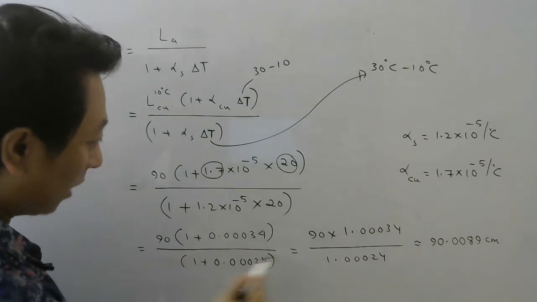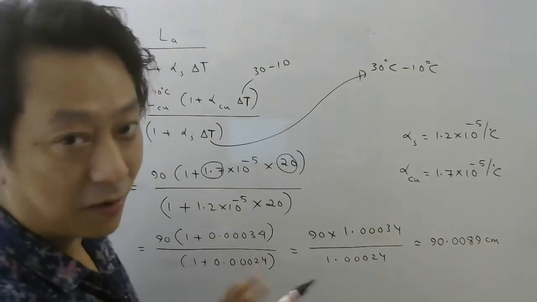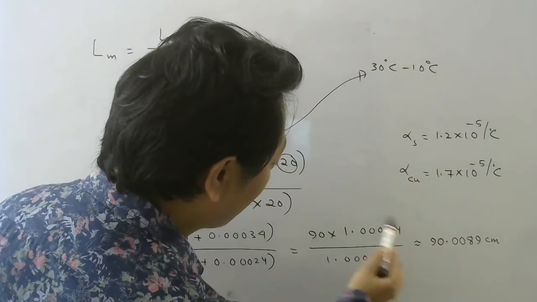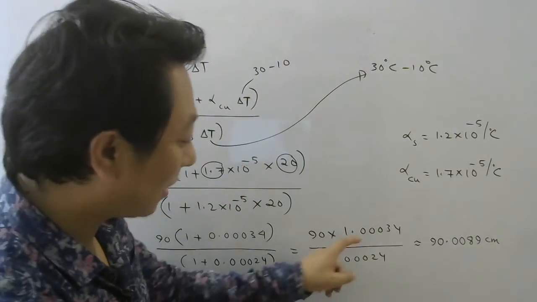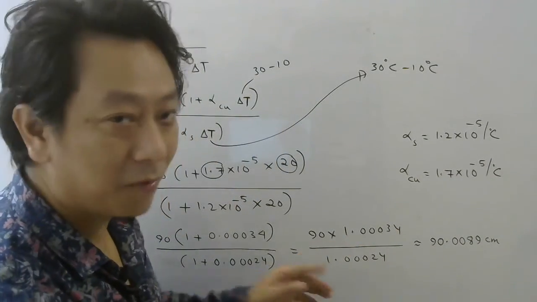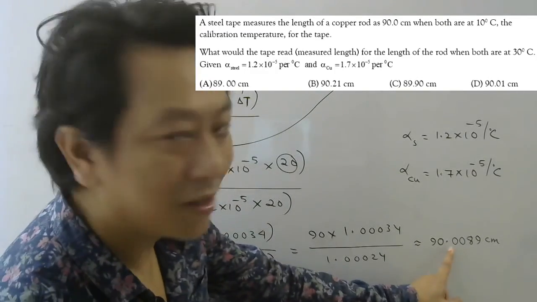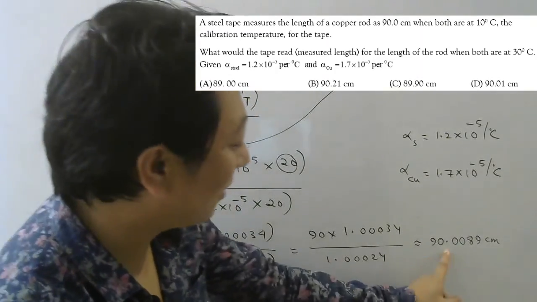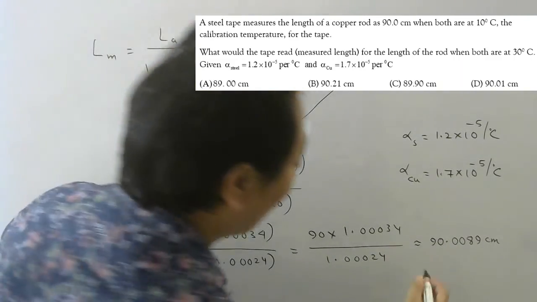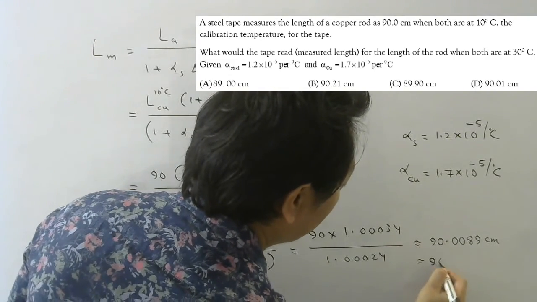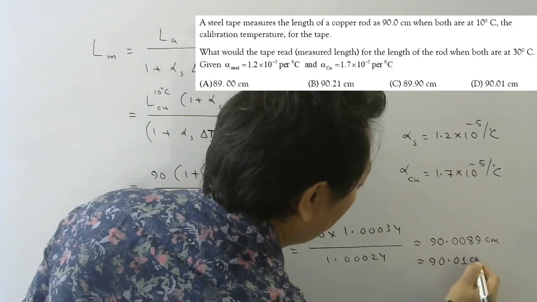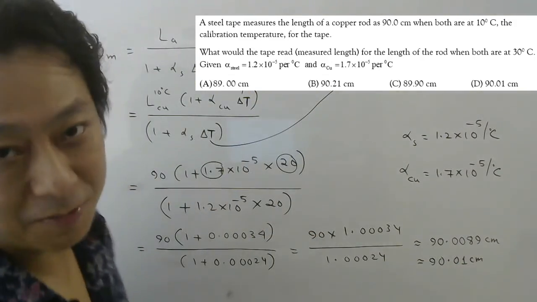Now these two if you add, you will get this. Now you should have a feeling from here that this number is very close to this number, but slightly more. So the answer will be very close to 90, but slightly more. So 90.00, if you actually do it, you will get 90.0089. And then that can be approximated as 90.01 if you want to keep up to 2 decimal place, right?